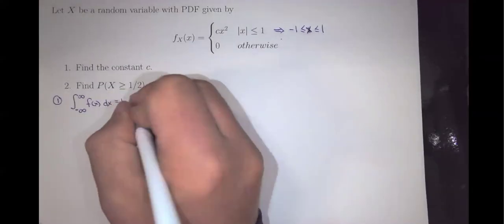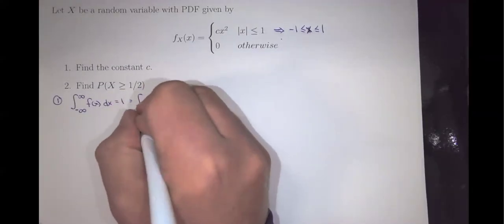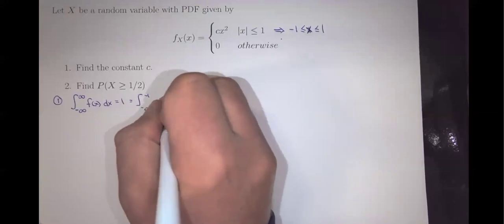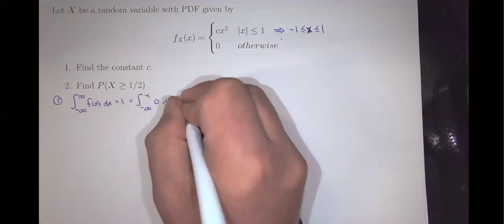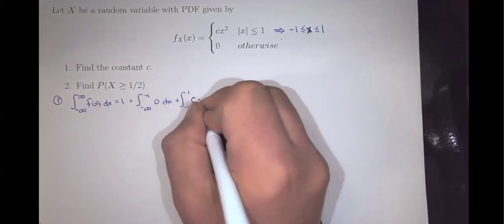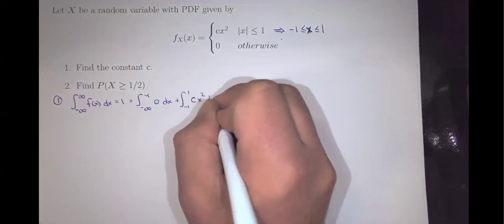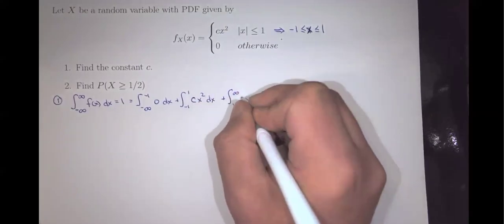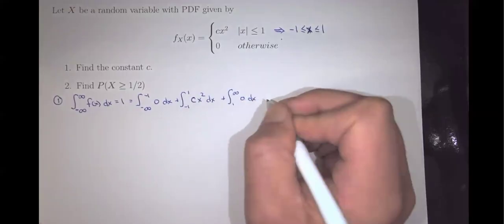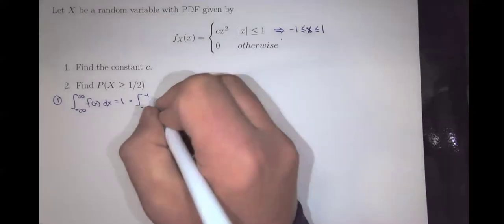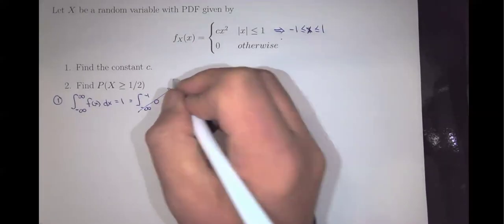So this is equal to the integral from negative infinity to -1 of 0, plus the integral from -1 to +1 of cx squared, plus the integral from 1 to infinity of 0. And of course, the first and last integrals simplify to 0.